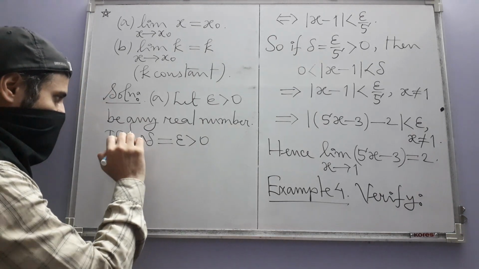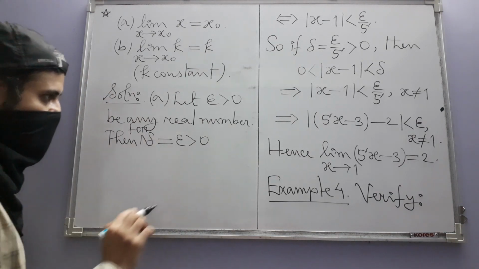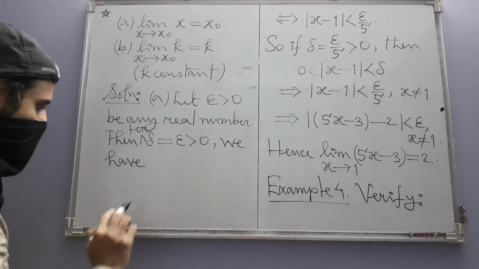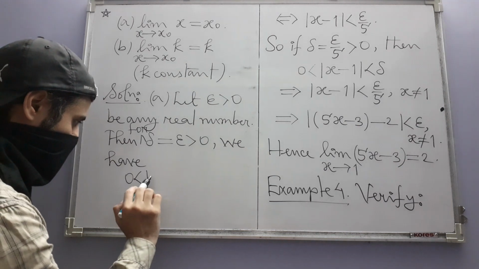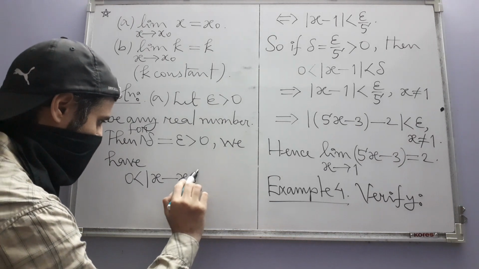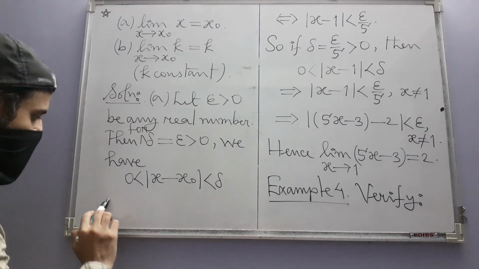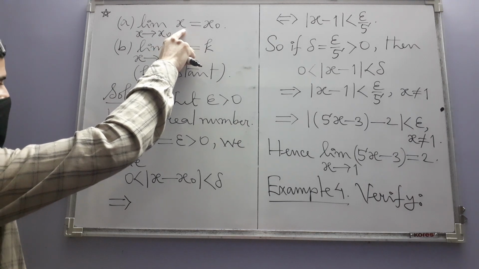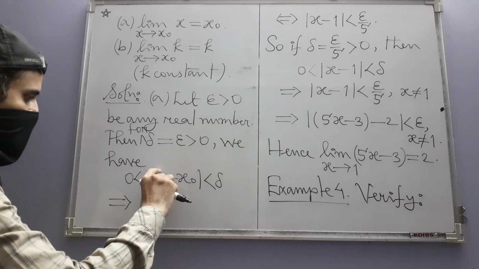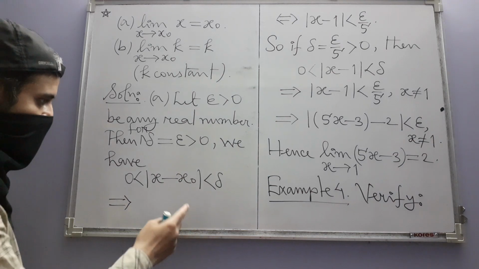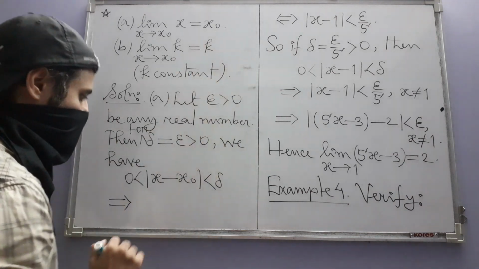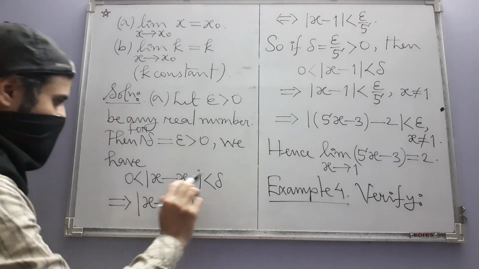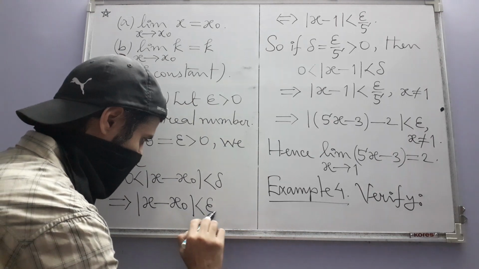For this delta, we have, implies, note that here the function is the identity function, so the x value itself is f of x and the limit L is x naught itself, and by our choice of delta, this is epsilon.